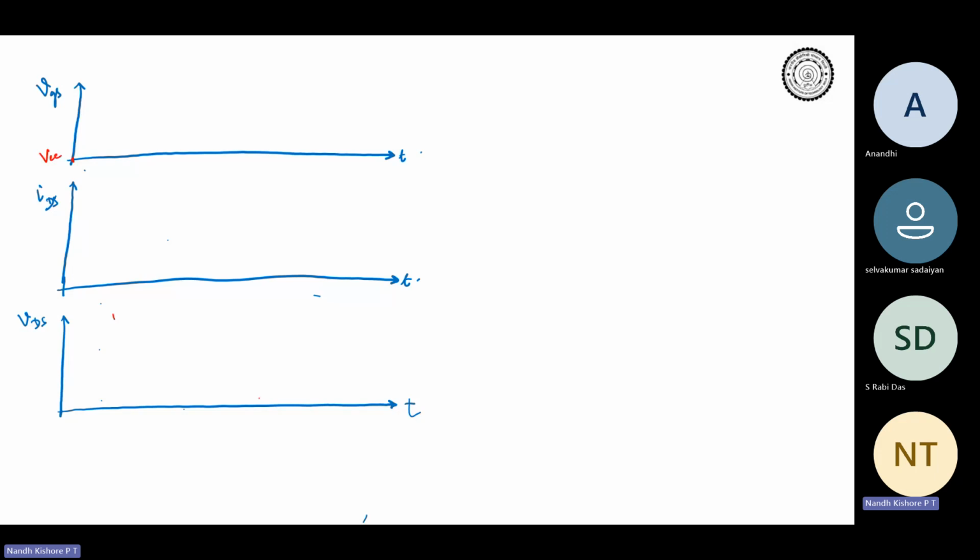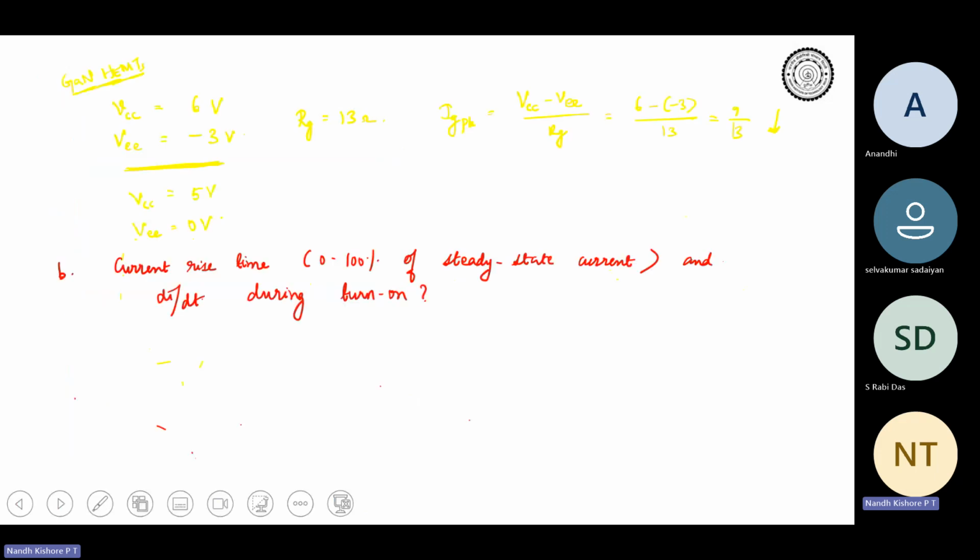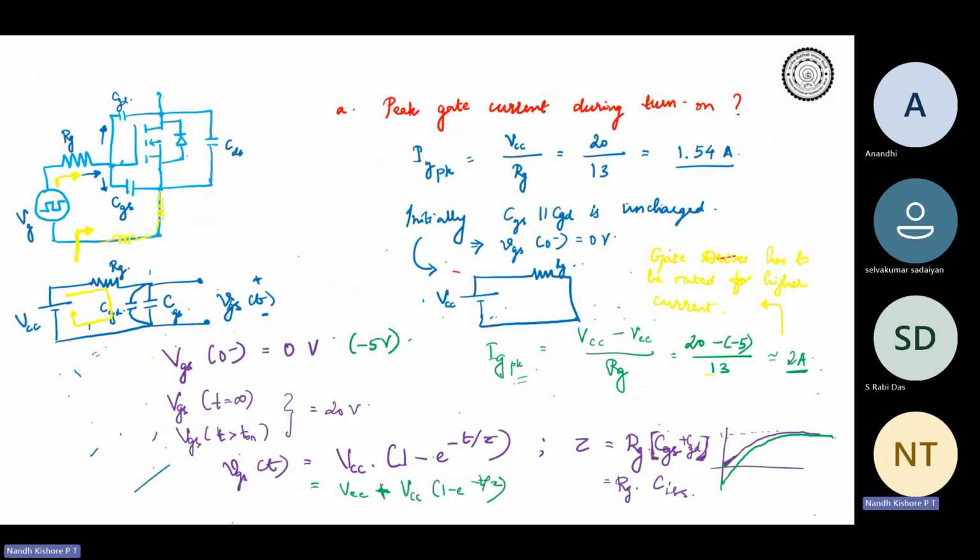In our case, VEE is the same as 0 volts. For simplicity, even though I said the profile of increase is VCC times 1 minus e to the power minus t, let me assume the rate of rise of gate source voltage is linear.